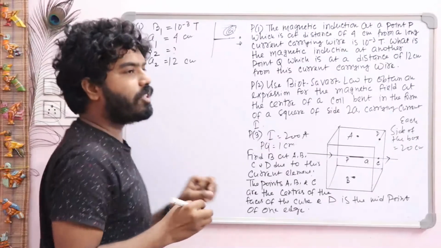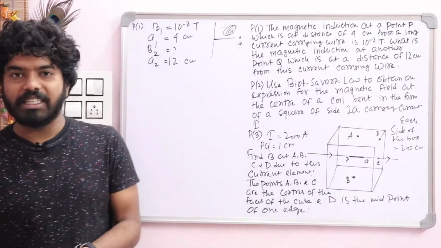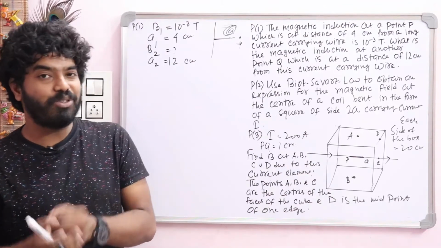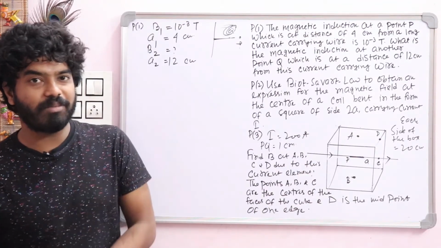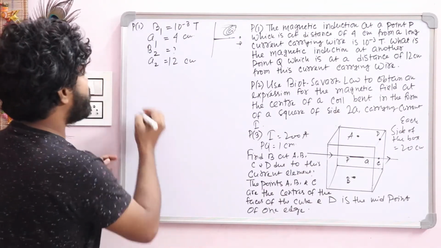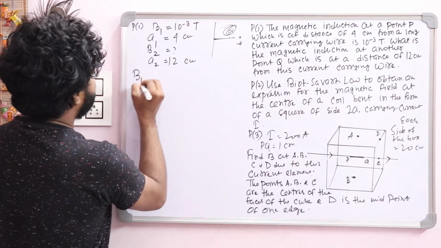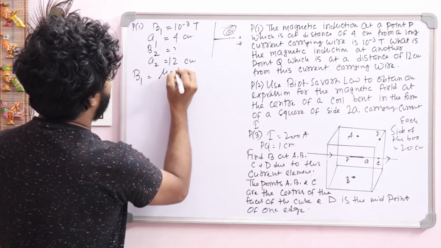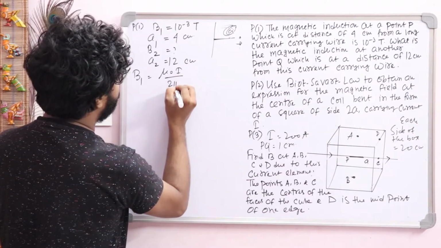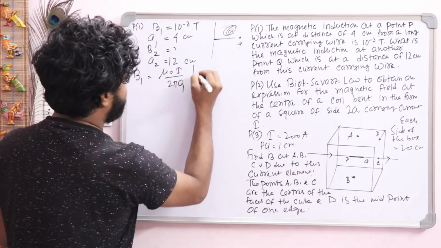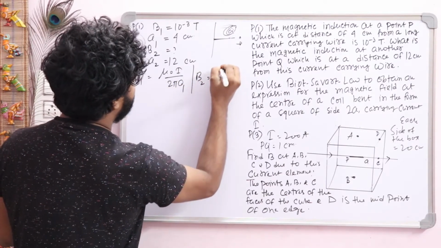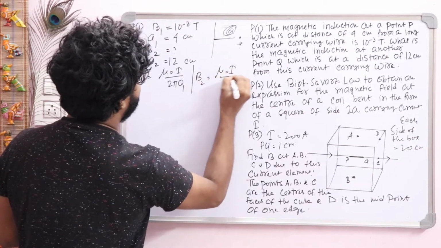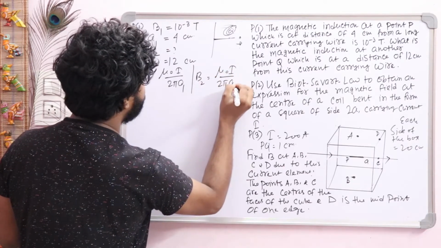So what is the condition? You know the expression of B, that is mu naught I divided by 2 pi a, the special case number 1. So for first case, that is B1, the expression will be mu naught I divided by 2 pi a1, and for second case B2, this one will be mu naught I divided by 2 pi a2.